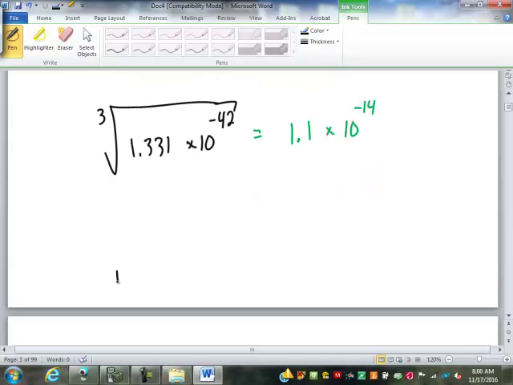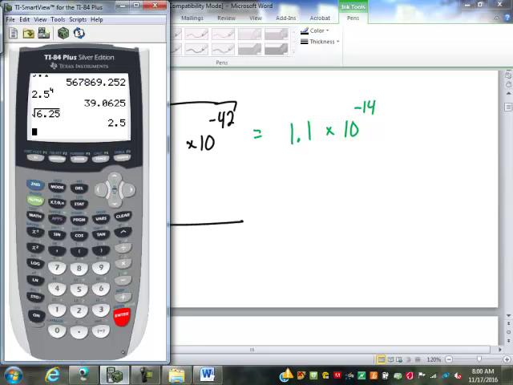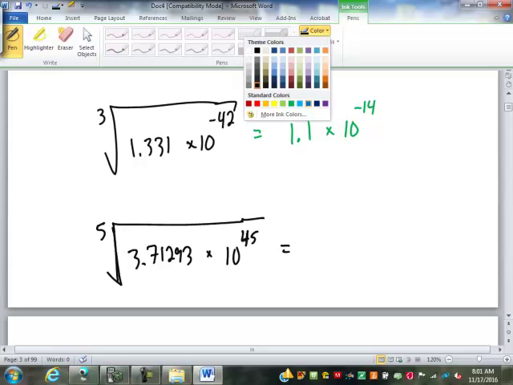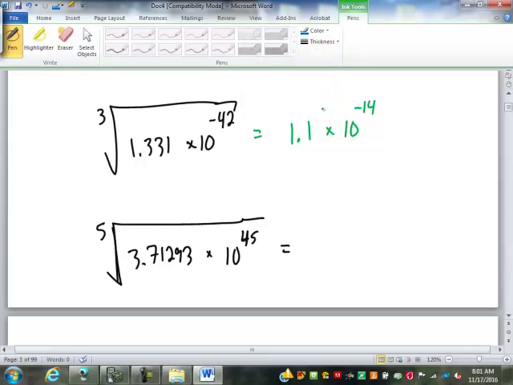How about a fifth root of, I gotta figure out how to make this one work, 3.71293 times 10 to the 45th. Well, the fifth root of 3.71293 is 1.3.